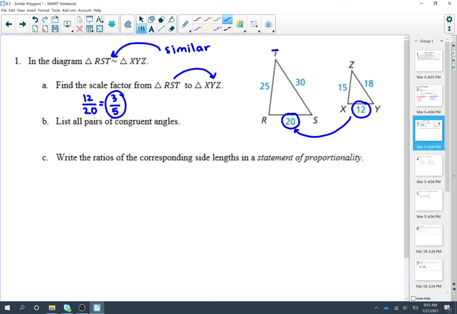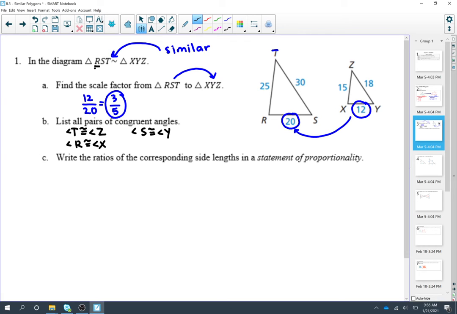Part B, list all the pairs of congruent angles. So the way we do this is I'm going to start with angle T is congruent to angle Z. Angle R is congruent to angle X, and angle S is congruent to angle Y. Now, we can either look at the image to do that, or remember that when you're listing triangles, order matters.